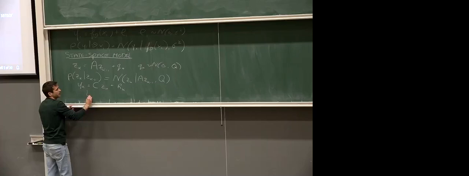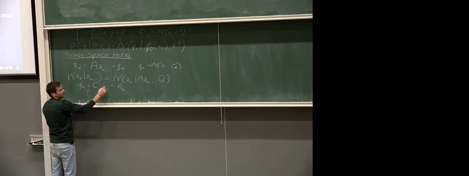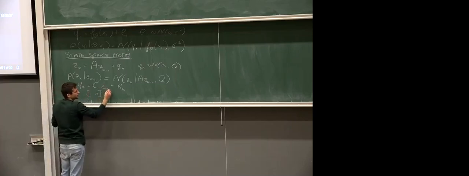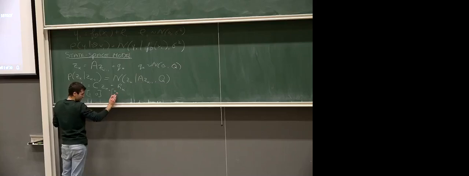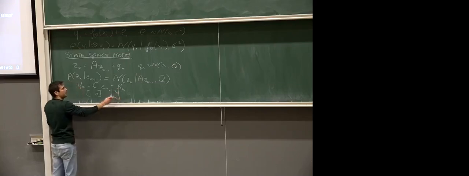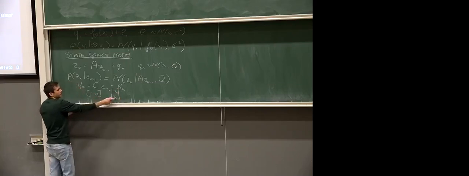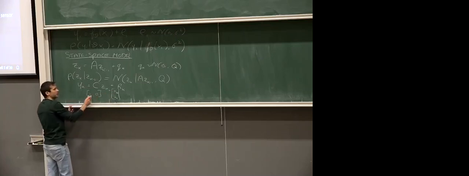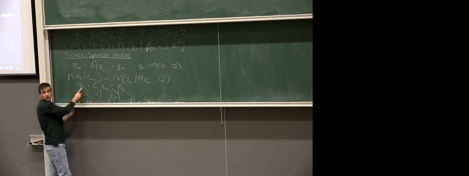Right, so this thing here is position and velocity. So it's x at time k and then the change in x at time k. And we don't observe this one, we only observe the displacement itself. So this measurement matrix will be a 1 and 0, and that maps into our measured value.